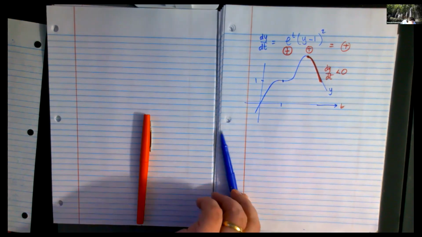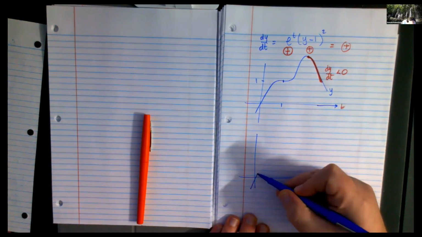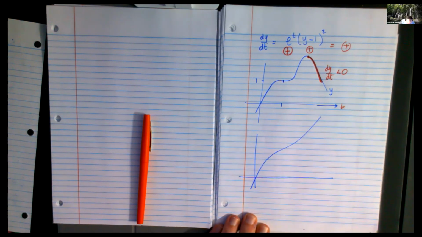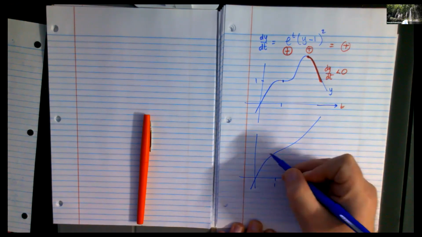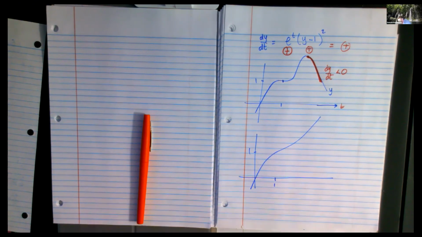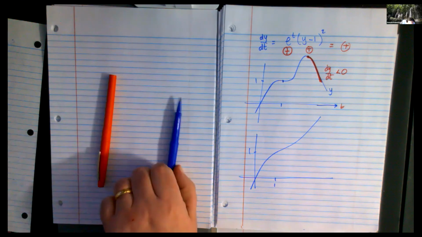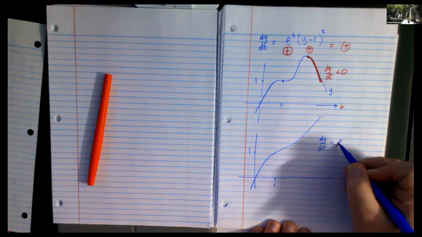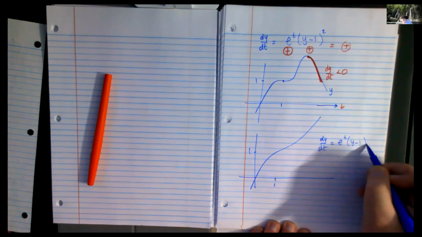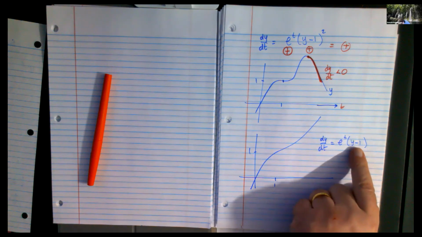The second one's a little bit less obvious. It does do nice things. It's always increasing. And this point here is meant to be 1, 1. Yet this is not a solution either. Let's try and explain how I can come up with why this one doesn't work. What is going to happen when y is 1?